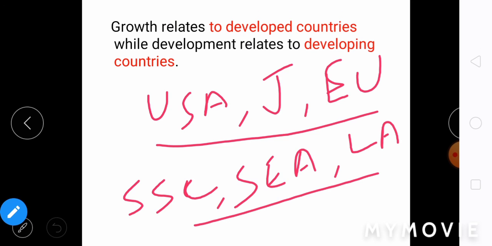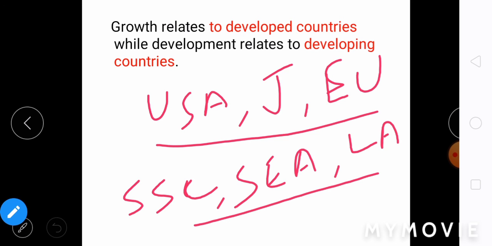Say infrastructure, when we talk about the developing country, we will say infrastructural development, socio-economic development. So development mostly relates to developing countries, while growth relates to the developed countries. So this is the difference between growth and development.